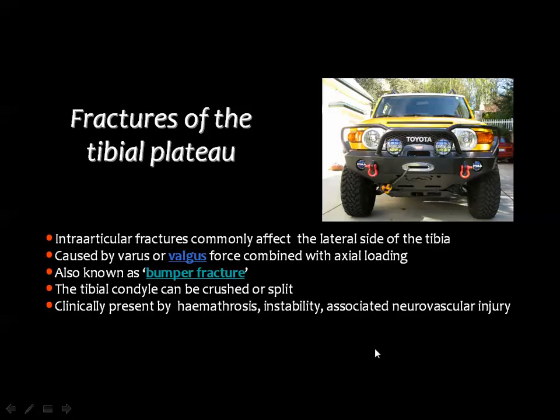And we came to the fractures affecting the tibial plateau, and these are usually the result of varus or valgus forces combined with axial load. So they are commonly known as bumper fractures because if one is standing on the land and is hit by a car, then there is an axial load, and according to the direction of injury, there may be a varus or valgus injury.